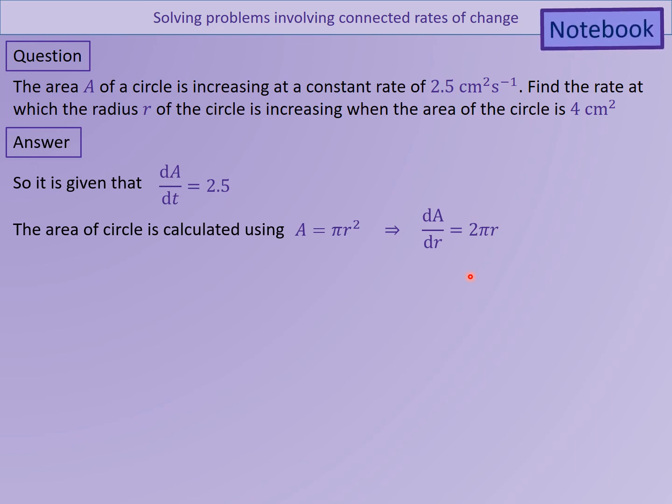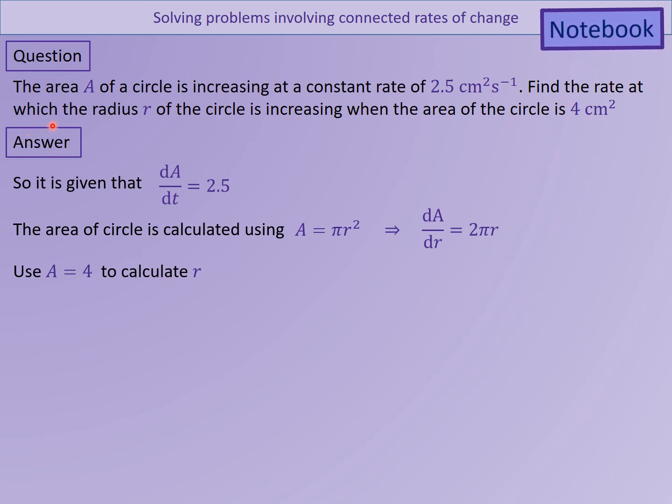So once I've got that, what I can do now is I can also make use of A equaling 4 to calculate what the radius is. Because if I know the area is 4, although it's not asking for the actual answer to what's the radius, I'm going to make use of that in a minute.